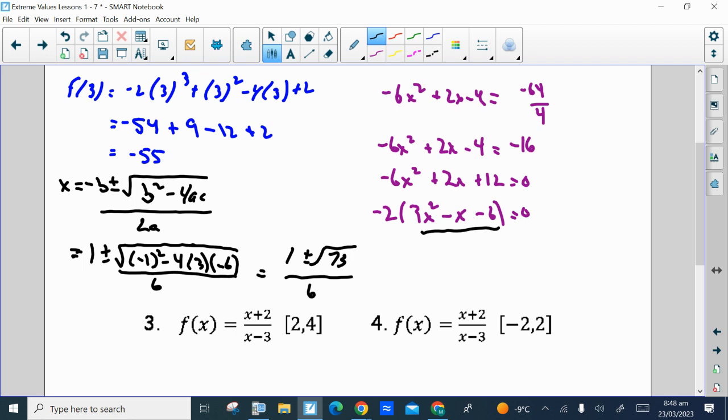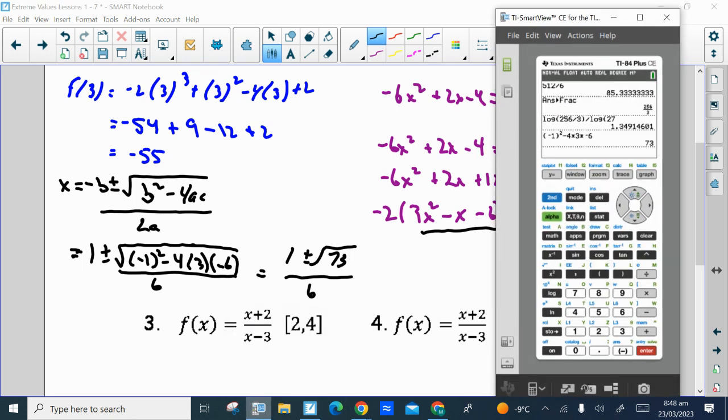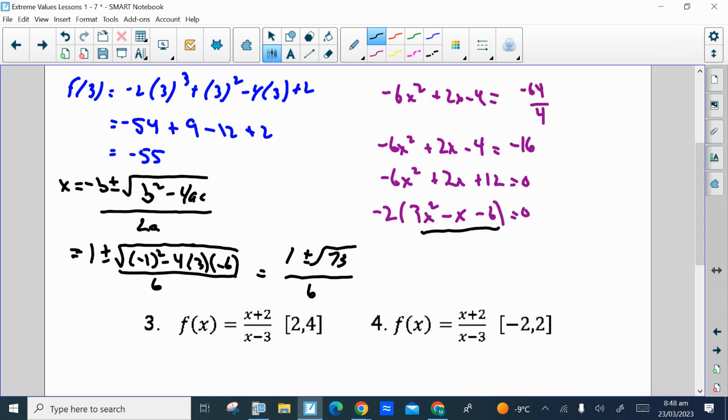So we're going to have 1 plus and minus the root of 73 all over 6, which, if we find out what those are as a decimal, approximate values, 1 plus the root of 73, close the bracket for the numerator, divided by 6, that's approximately 1.59.